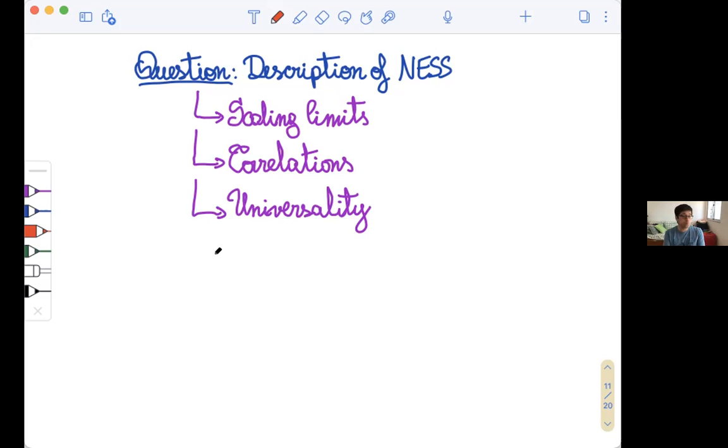And surprisingly, this is going to be true. So if you change the reaction rules, so you make them more complicated, at least under some conditions, the scaling limits are going to be the same.